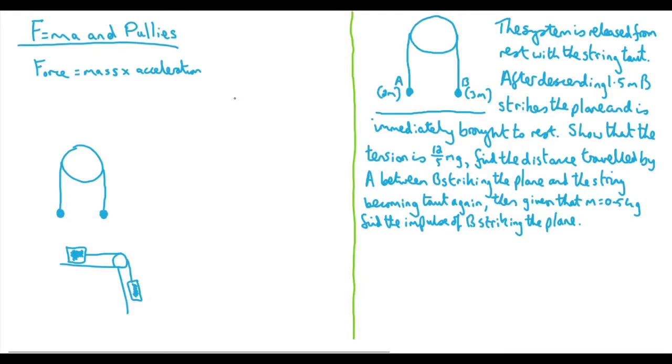In the examples of those which are hanging, the forces that they're going to be subject to are going to be their weights. And while this other one here does obviously have a weight, because it cannot go through the table, we are not going to be considering it here as a relevant force.